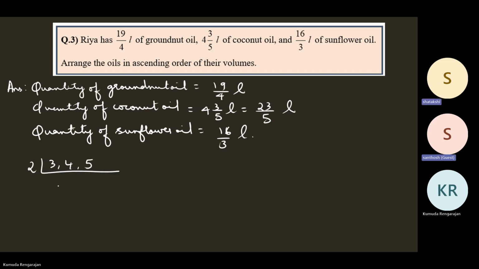First we have to write 2 and 1 and 3, 2, 5. Very good. Next we have to write 2 again and 3, 1, 5. Next we have to write 3 and 1, 1, 5. Very good. Next we have to write 5 and 1, 1, 1.